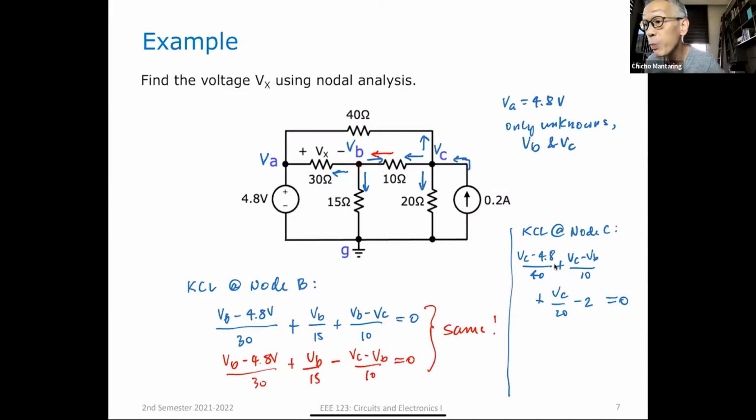Okay, if you solve for this problem, solving simultaneously, let me just give you the answer: VB is equal to 2.4 volts, and VC is equal to 3.2 volts.